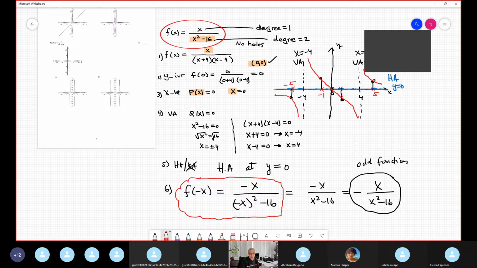This negative, if you want to see it much better, is here. And I know the definition of the odd function. An odd function is a function that when you replace x for negative x, is equal to minus f of x. So it magically happens that this negative inside the parenthesis is converted to one negative outside the parenthesis. So when this situation happens, this function is odd. More clear?